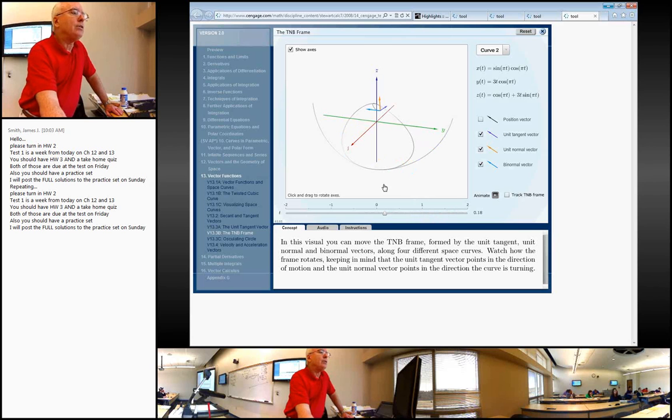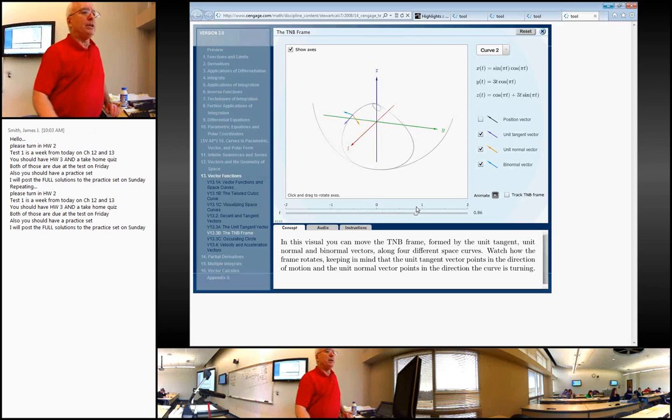Let me go all the way back. Okay, it's pointing on the inside because that's the inside of the curve. Again, it's pointing on the inside of the curve. Now the curve is flipping around, so that orange vector is now pointing on the inside of that loop up there, and then it flips around, and now it's pointing to the inside of that bigger loop.